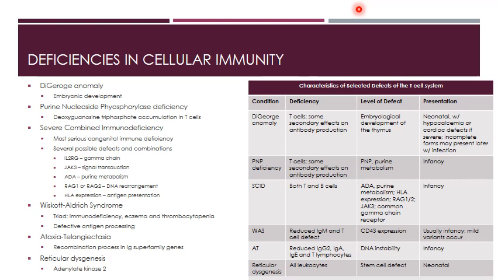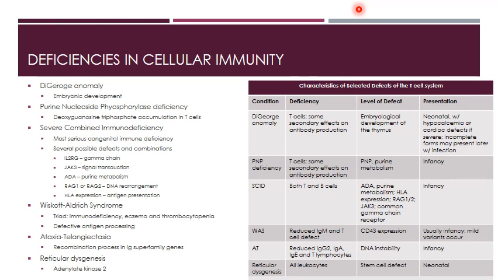Okay, next on the list is Wiskott-Aldrich syndrome. It's also a sex-linked syndrome. It is rare. It's only diagnosed about 6 times a year in the United States. That's rare, okay? And it is defined by the triad of symptoms that it causes. The triad is immunodeficiency, eczema, and thrombocytopenia.